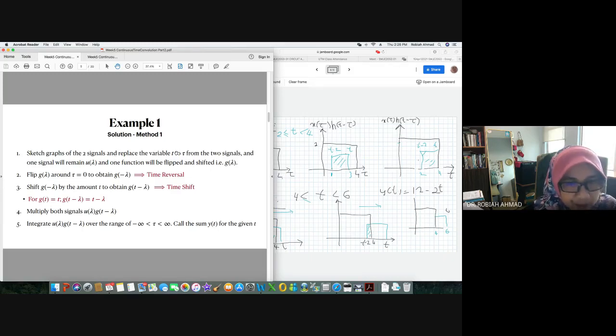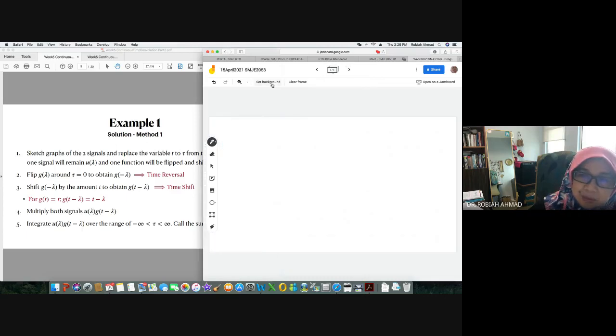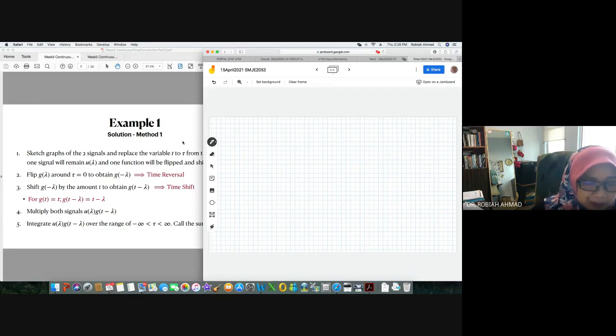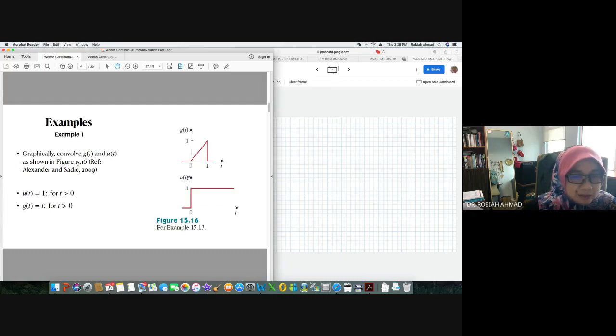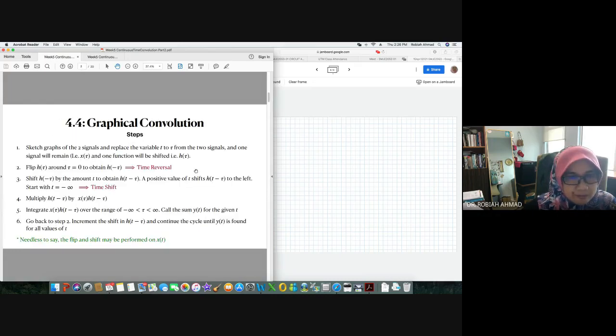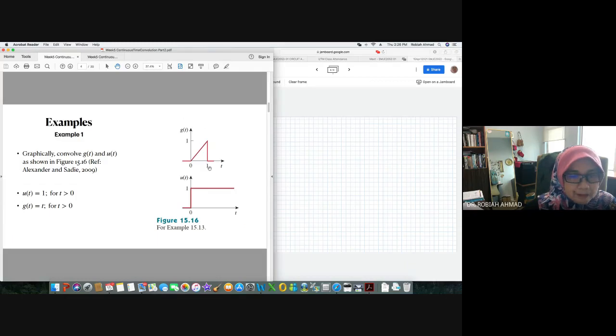Sketch the two signals, replace t with tau, and then choose one signal to be flipped and shifted. Okay. This time I will show two, because the next example will be the unit step with sawtooth, as I said earlier. So let's look at one of the signals, we change it. Later I will explain how it works when one changes and the other is maintained. Okay, so these are the original signals.